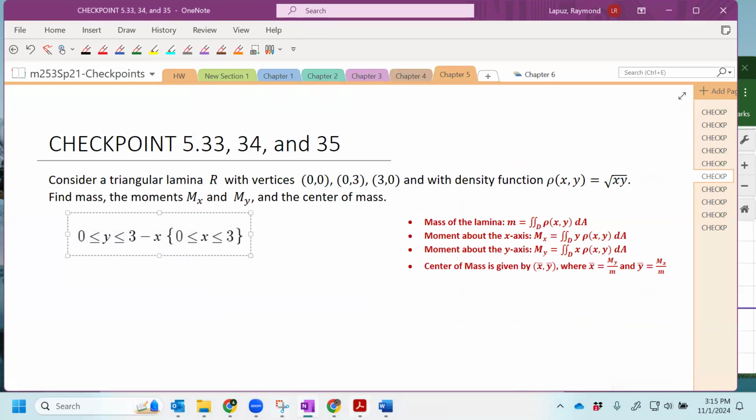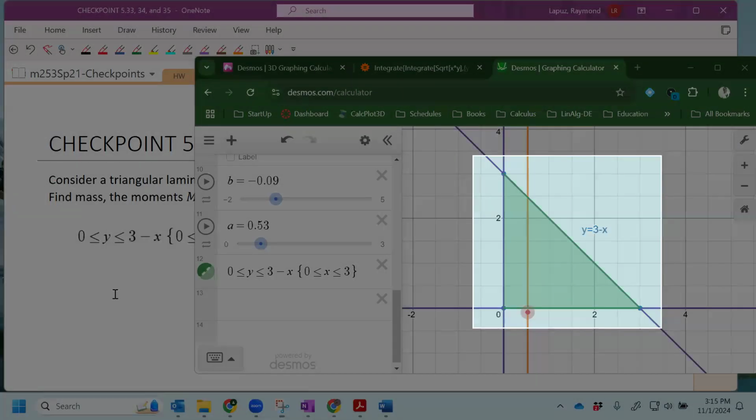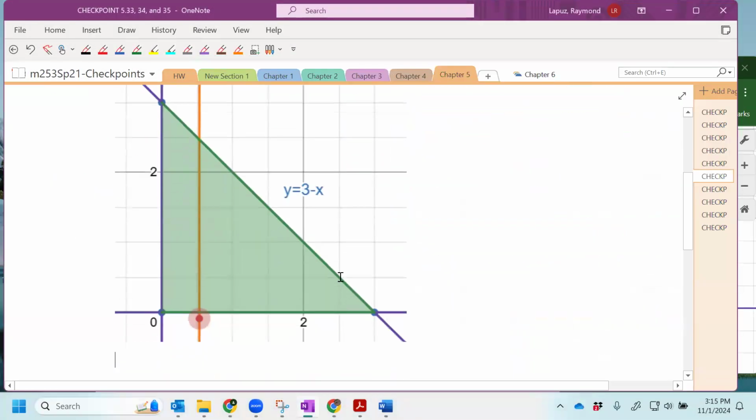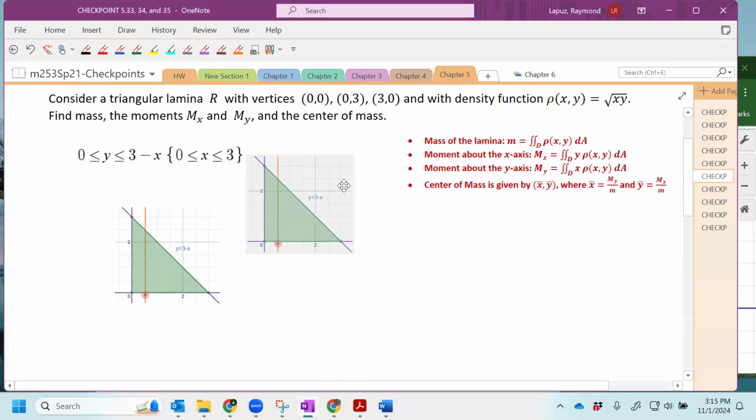Maybe even take a shot of our actual graph. Then we can set up our double integral.